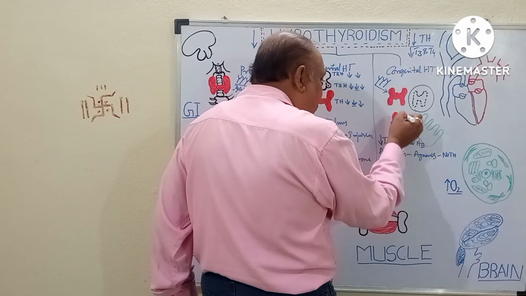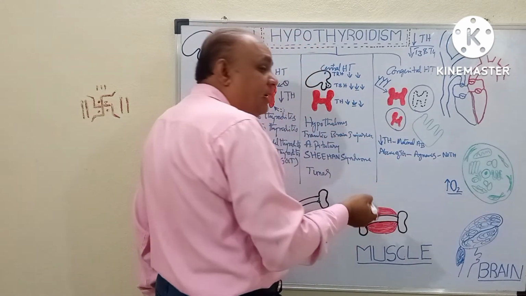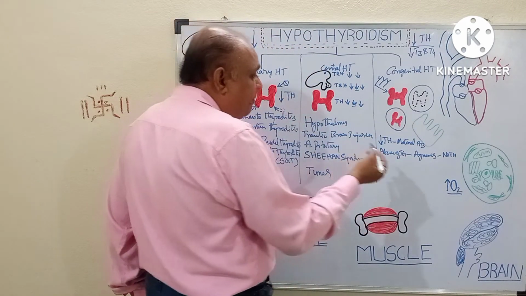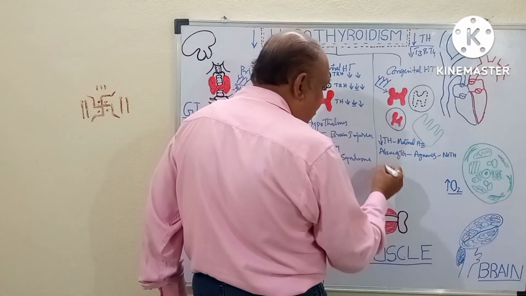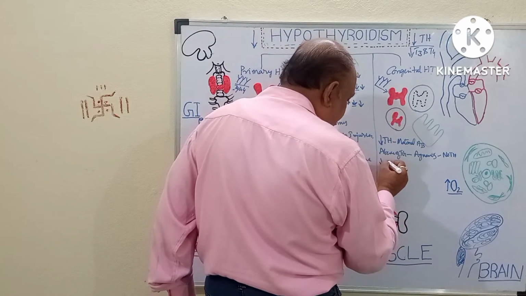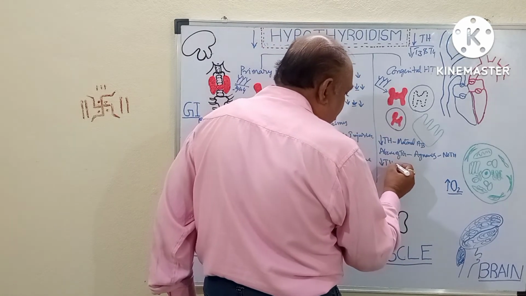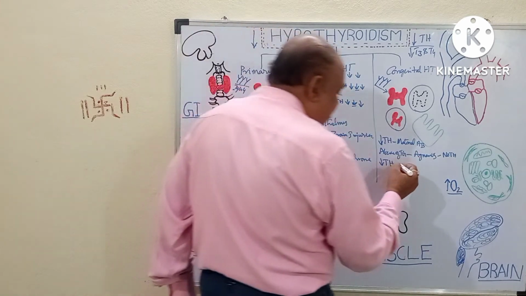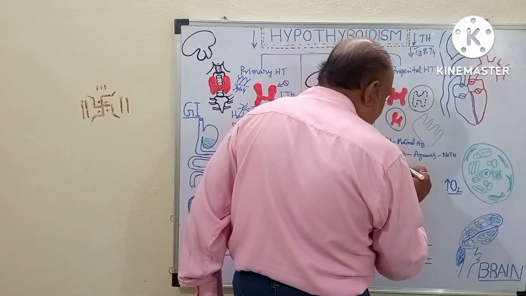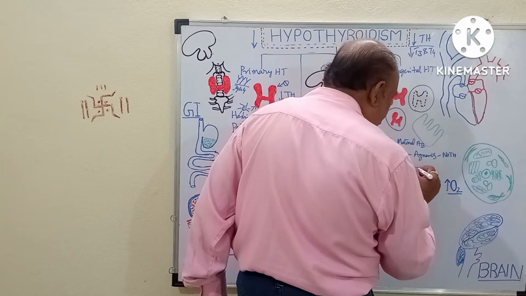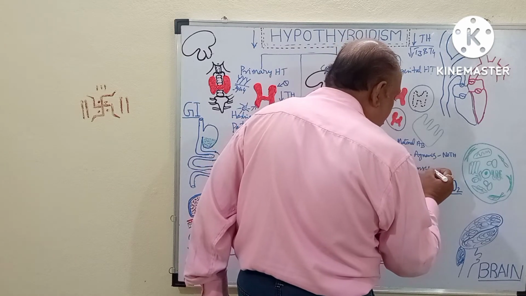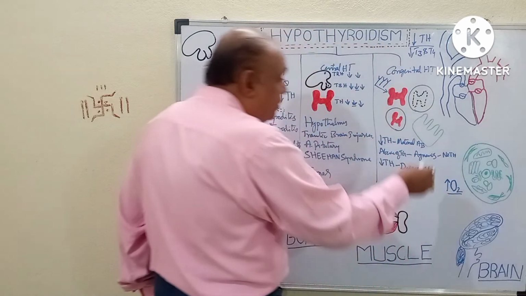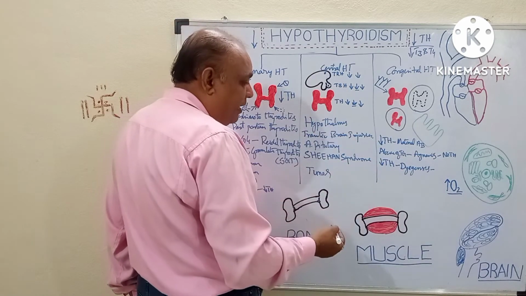If there is a thyroid gland which is immature or improperly formed, then there will be low thyroid hormone secretion. This is called dysgenesis, which will also lead to hypothyroidism.